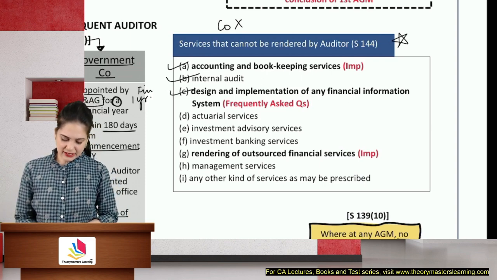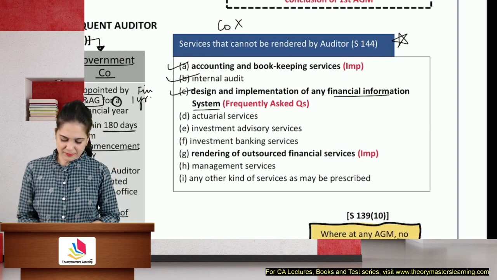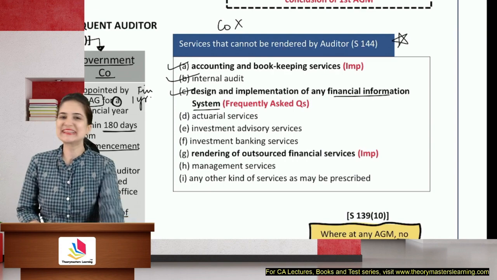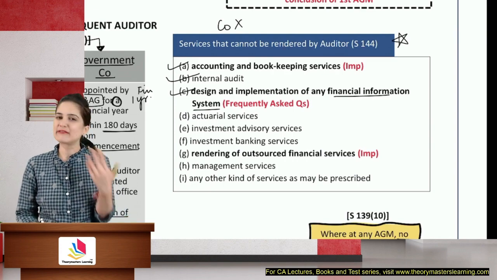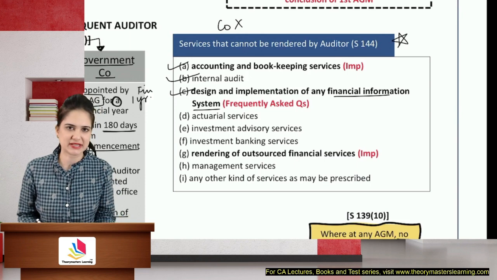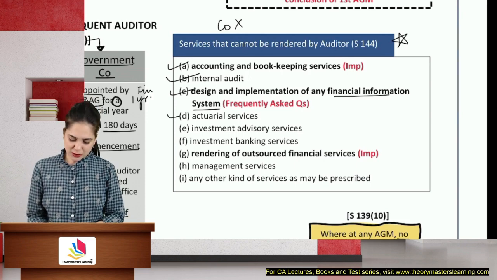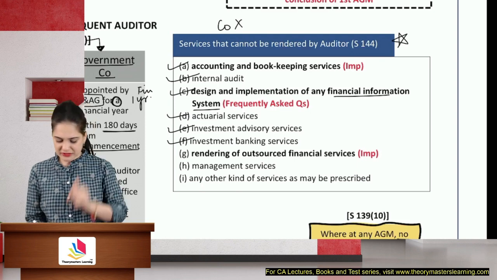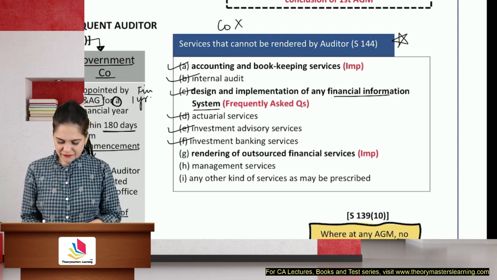You cannot design and implement any financial information system, because you cannot design the system and then come to audit it. You will never find faults in the system that you have designed. You cannot provide actuarial services, investment advisory services, investment banking services, or rendering outsourced financial services.